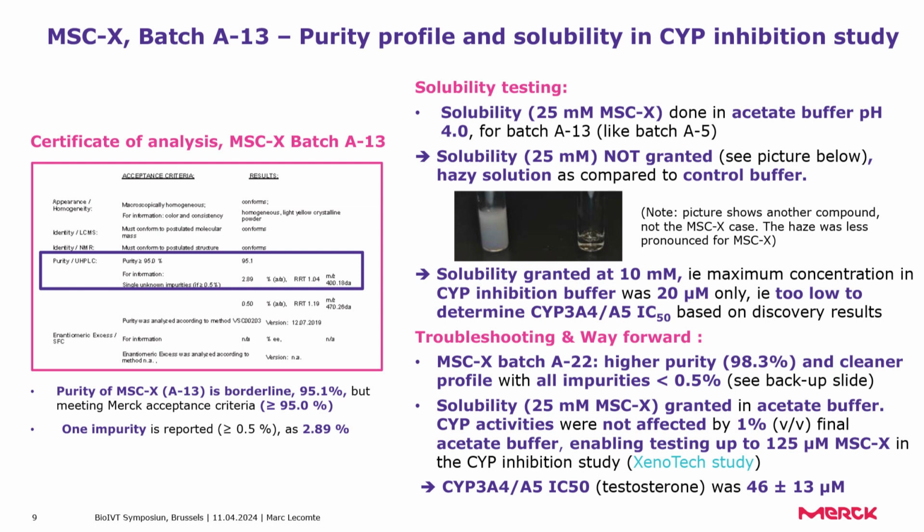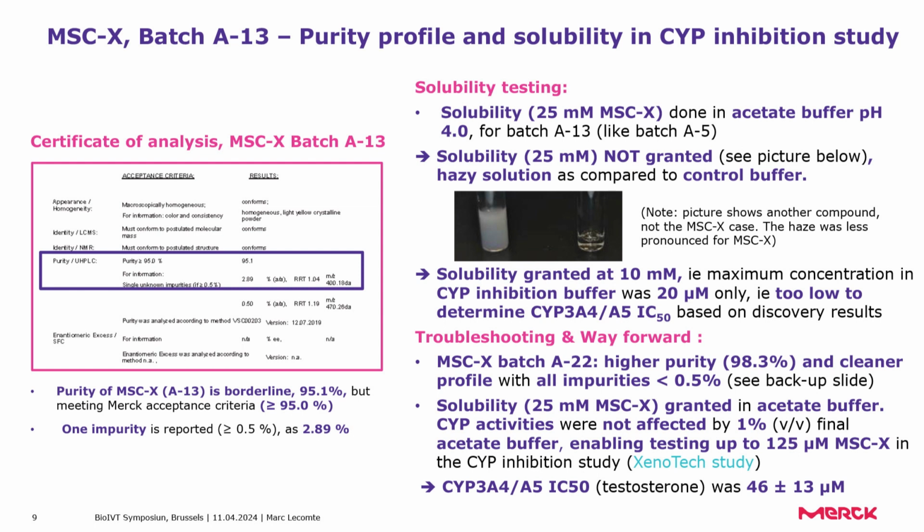By the way, this is an example of what is usually done in the industry: you use a solvent to get stock solutions, and you then use a dilution. Due to the effect of organic solvent on enzymes, you use less than 0.5% final organic solvent concentration in the assay.